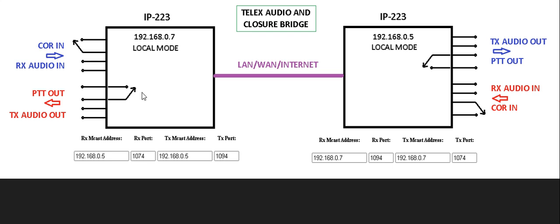So once again, the push-to-talk relay is engaged on this side, and the audio comes out, giving you extended functionality from this side all the way out to this side. So you can see we've got 2 sides, using half of one channel and then using the other half of the other channel. And this is how we get these closures and audio from one end to the other.